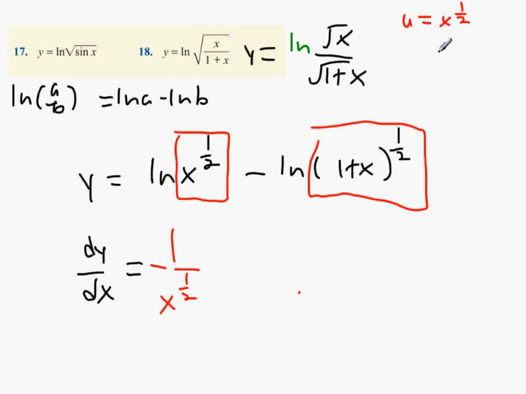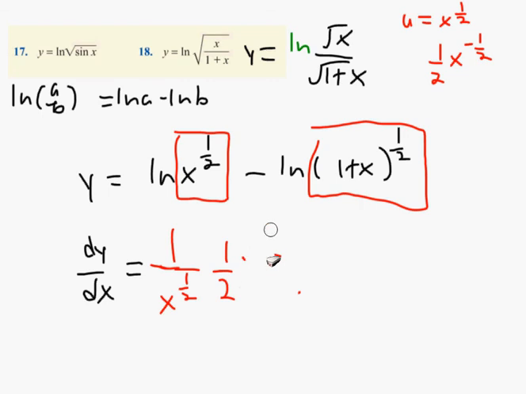To differentiate what's in the box, the half goes to the front, you take 1 away from the power. Bog standard differentiation, exercise 14.1. Then you put 1 over 2, and that goes x to the power of minus a half. We did this in the last question.